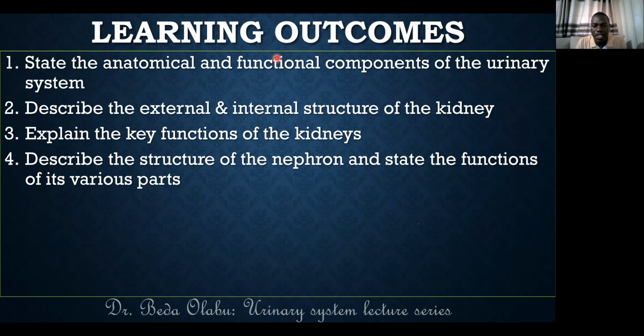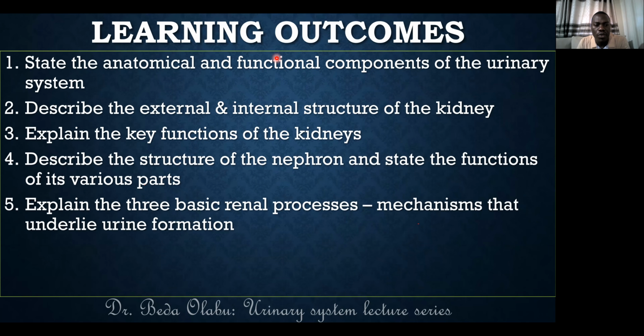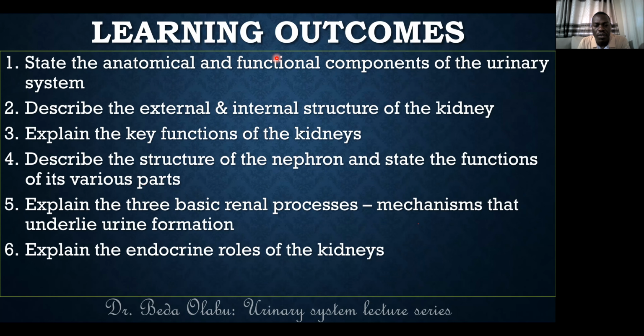We described the structure of the nephron, and we stated the role of the different parts of the nephron. We also explained the three basic renal processes, which are the mechanisms that underlie urine formation. We explained the endocrine functions of the kidneys.